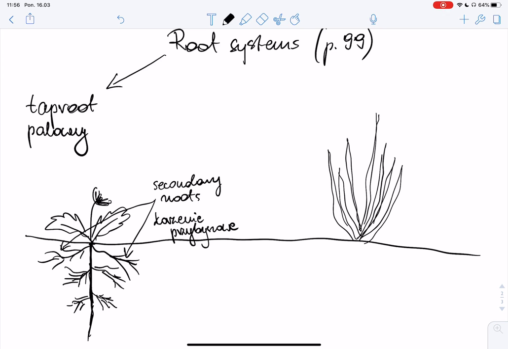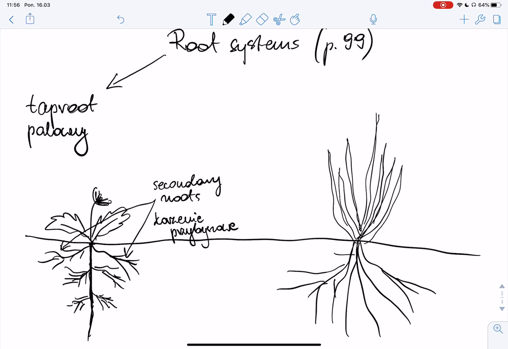And what is happening below is that you don't necessarily have one single, the longest root that is growing, but you have many of the roots that are similar length. And this system is called the fibrous root system. Fibrous.